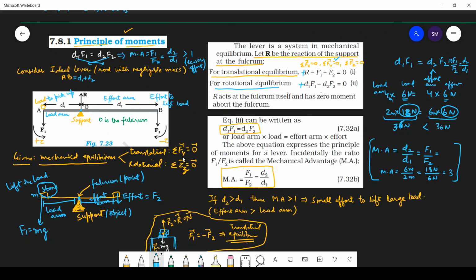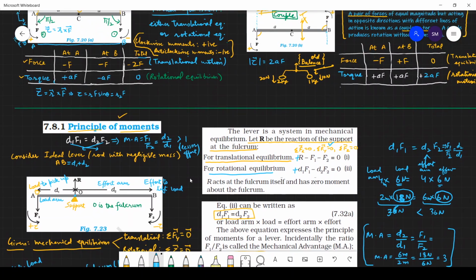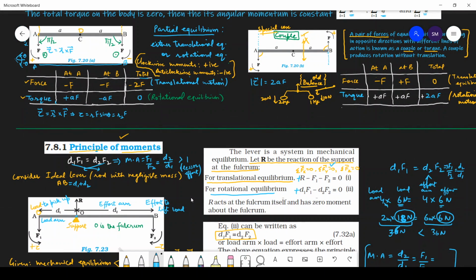Same as the above figure. The only difference between these two figures is this R, due to this support. That is the only difference. If there is no R, then the net force will be minus 2F if the forces are equal.